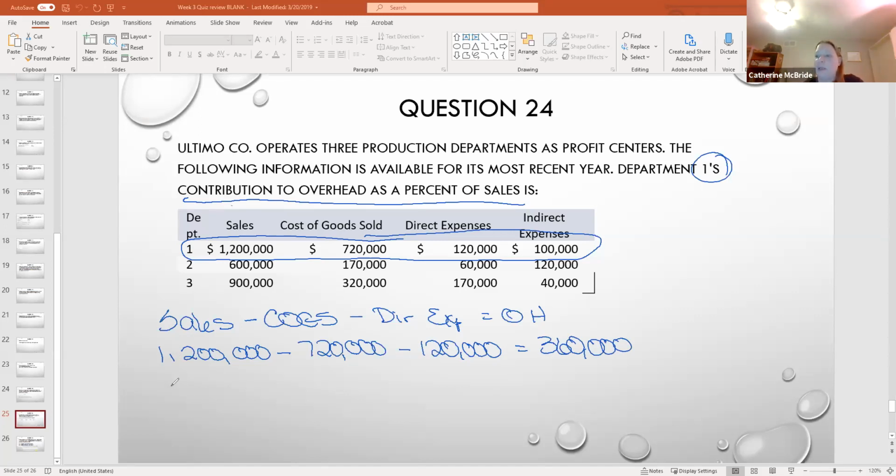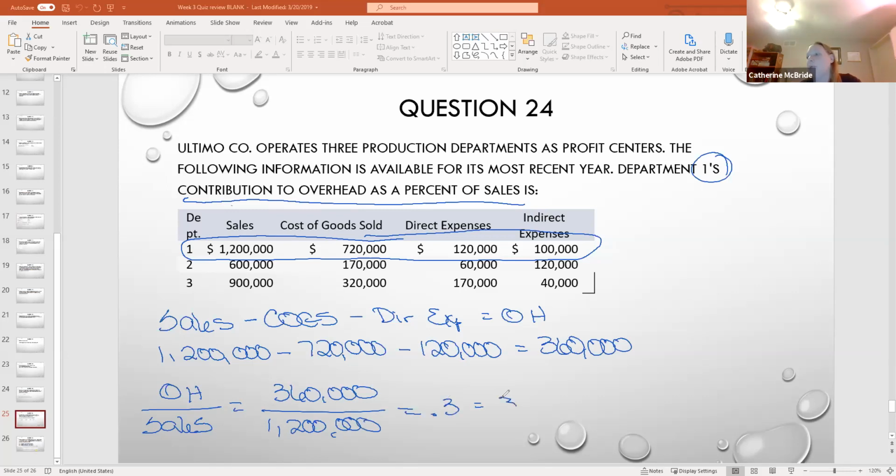So my formula is overhead divided by sales, because I want to know what overhead is as a percentage of sales. So I'm going to put overhead on the top and sales on the bottom. So my overhead is 360,000 and my sales are 1,200,000, which is 0.3 or 30%.